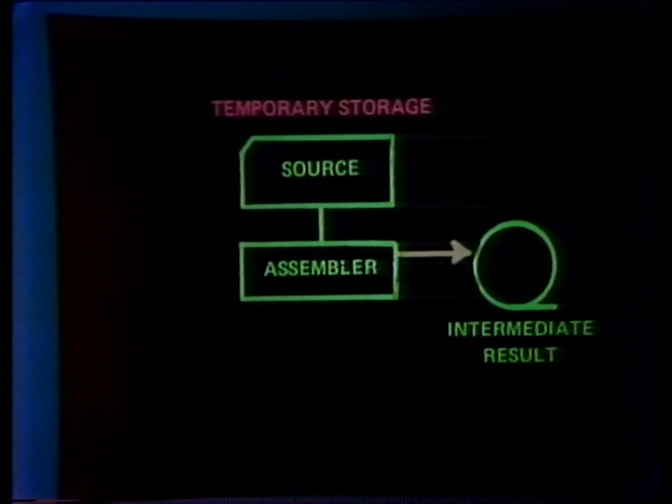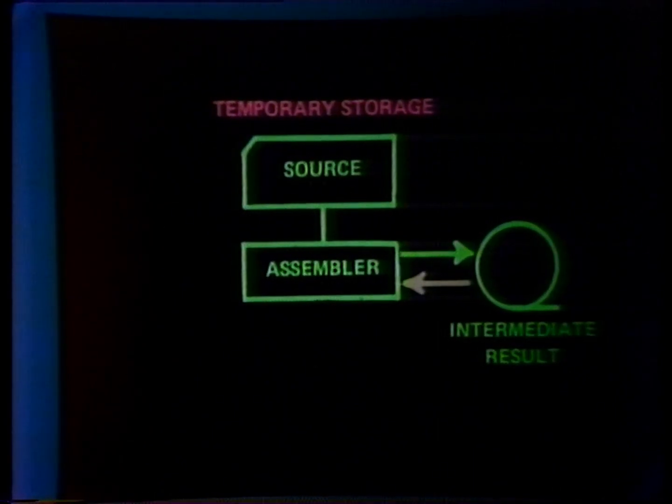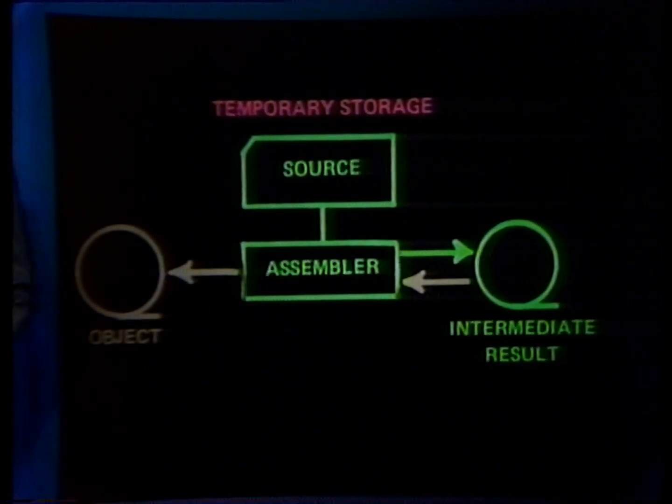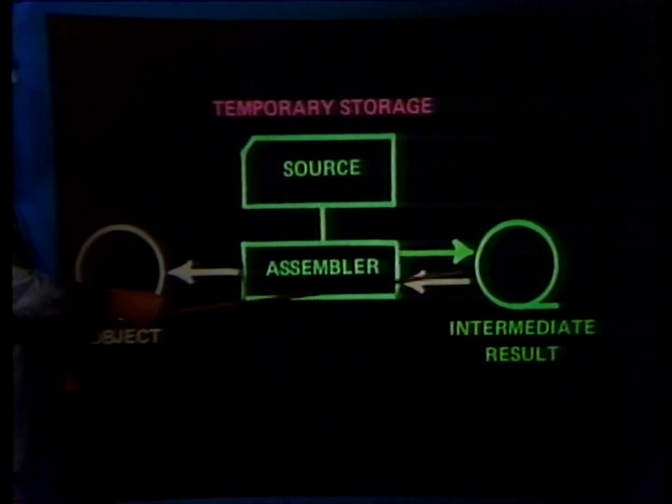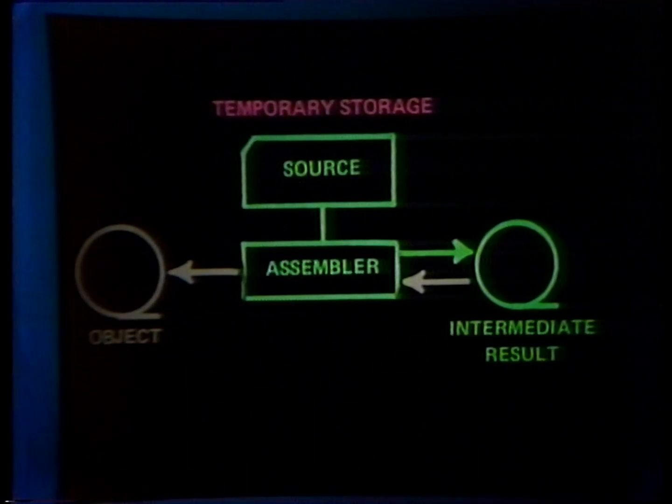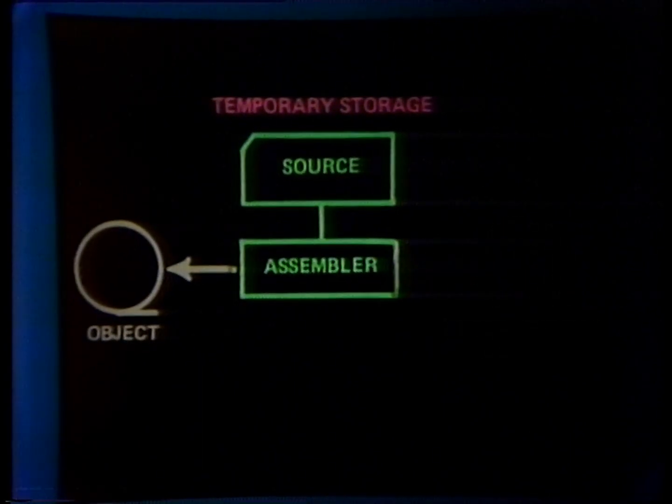Later, the assembler reads these intermediate results back in, completes the assembly, and writes out the final result, the object module. This data set was created and retrieved both within this step. Now when the object module has been produced, the intermediate results are of no further value and should be scratched.